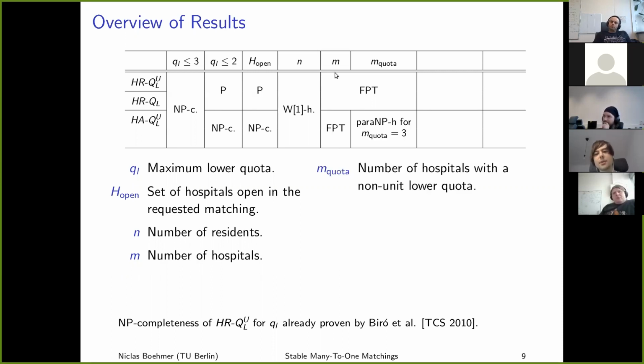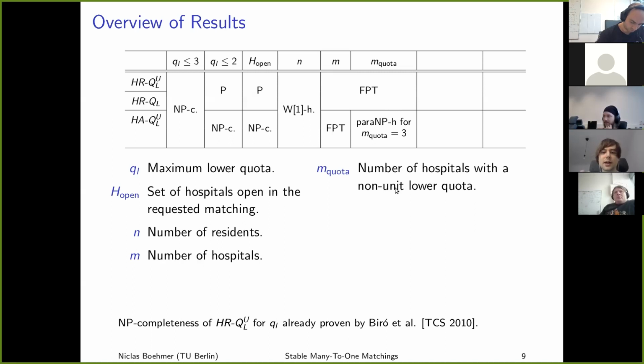As the next step, you can think of two different types of hospitals. The first are those which have a non-unit lower quota, so which need at least 2 residents to open. The other ones are those that only need 1 resident to open. So you can distinguish between hospitals with an effective lower quota of 2, and those that are also willing to just accommodate 1 resident, which means a unit lower quota.